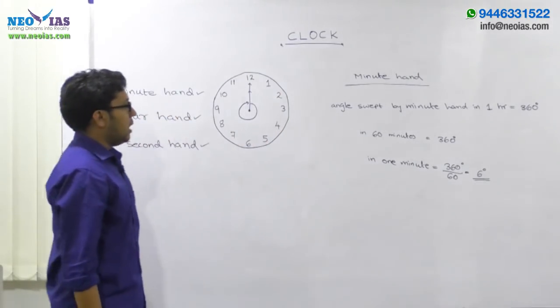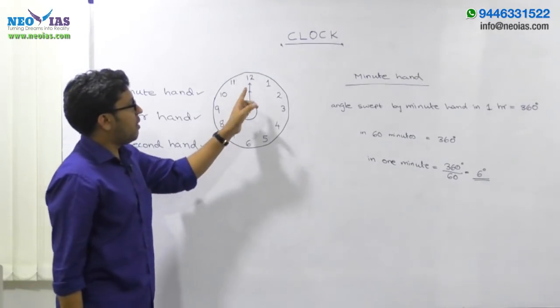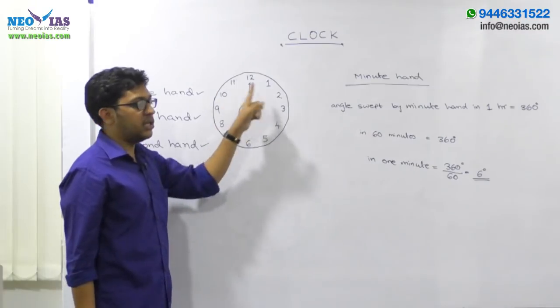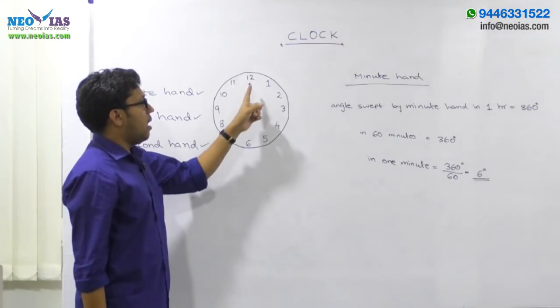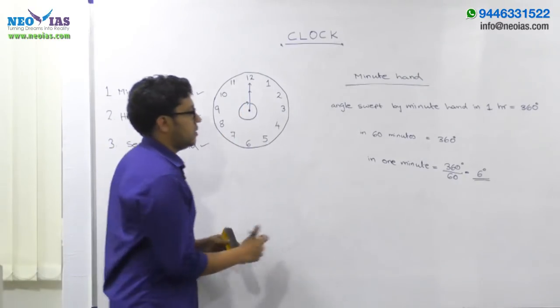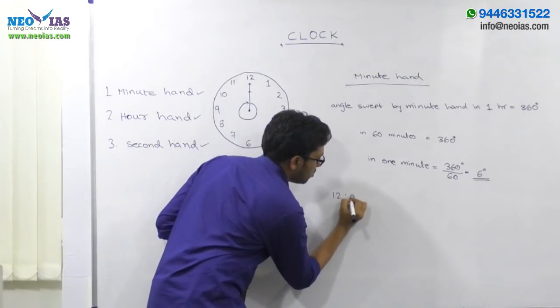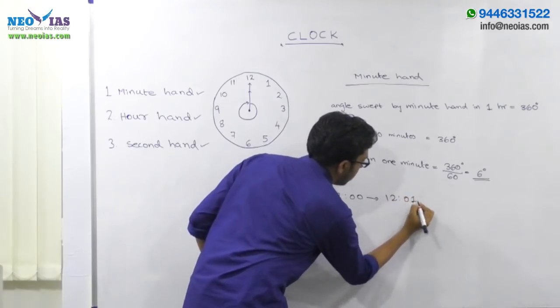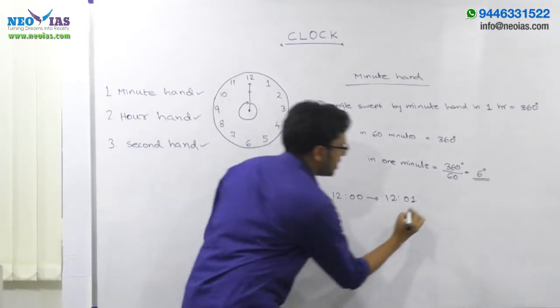That is, from 12 o'clock to 1 o'clock minute hand will move 360 degrees, and from 12 o'clock to 12:01 minute hand will move 6 degrees.